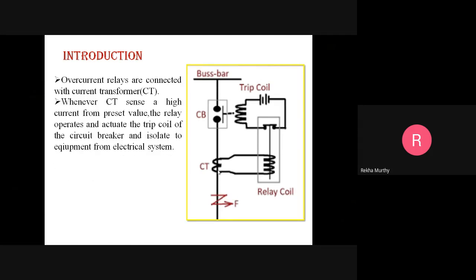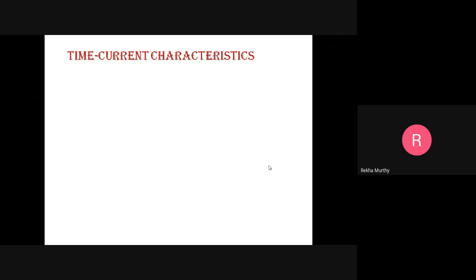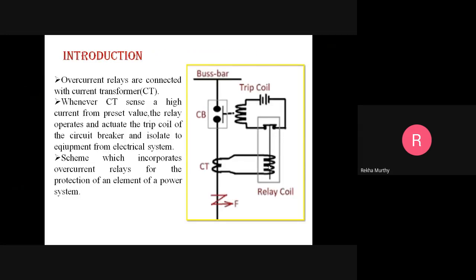Whenever the CT senses a current higher than the preset value, the relay operates and actuates the trip coil of the circuit breaker, and it isolates the equipment from the electrical system. As I told, the scheme which you employ with the overcurrent relay is called an overcurrent protection scheme. So that is a basic introduction to this topic.